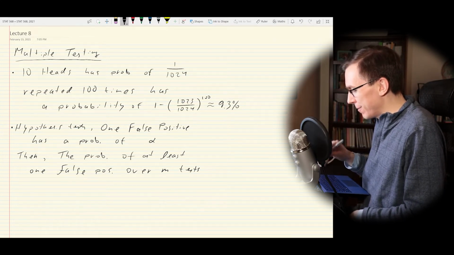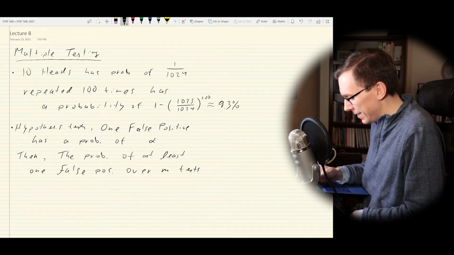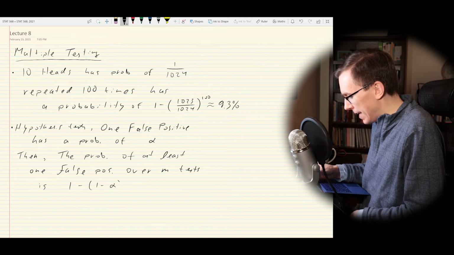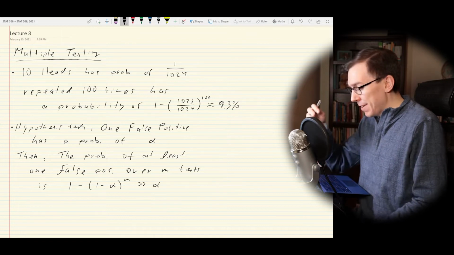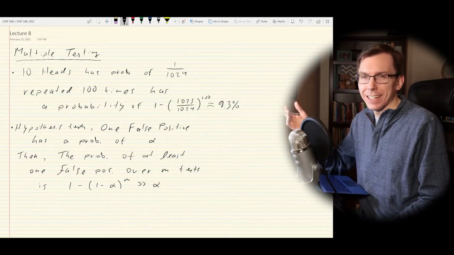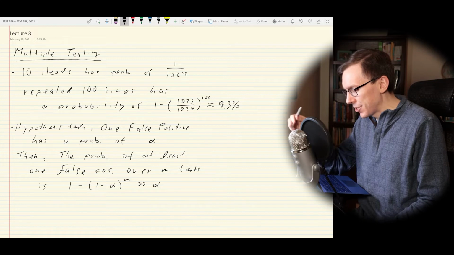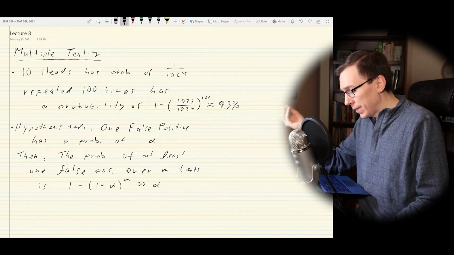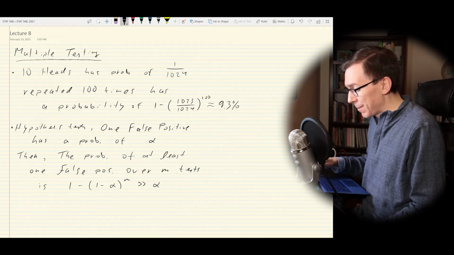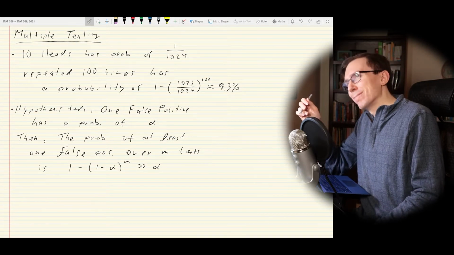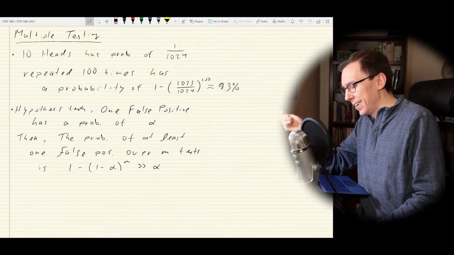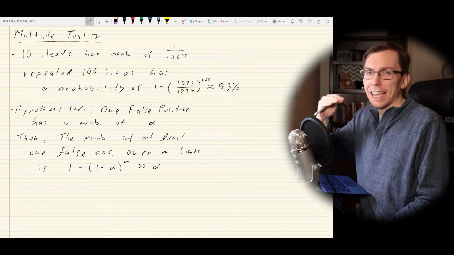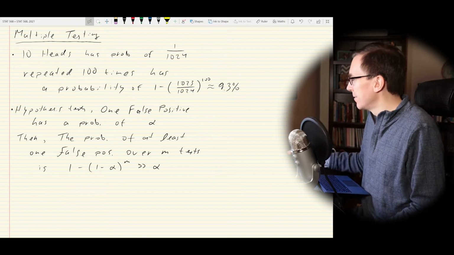The probability of at least 1 false positive over the M tests is 1 minus (1 minus alpha) to the M, which is typically much, much bigger than alpha. If M is equal to 1, you can see that everything cancels out and you're back to just alpha. But very quickly, you start to get numbers that are bigger than alpha, the desired false positive rate or size or threshold for our test.